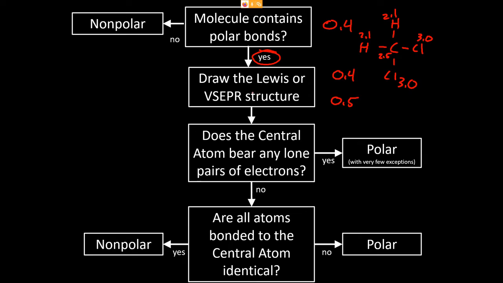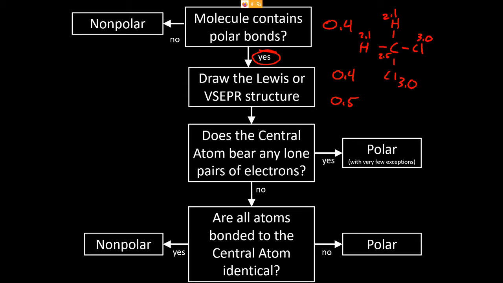The next thing it says to do here is to draw the Lewis structure. Most of the time I actually just do that first because it's usually not too much trouble. But you need something that shows how everything is connected together, which then allows you to answer the next question, which is, does the central atom in the molecule have any lone pairs?